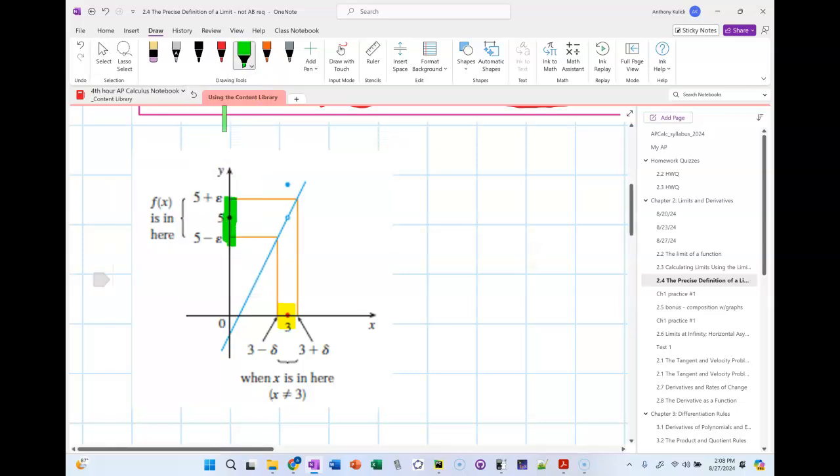This is the interval on the y-axis where f of x is epsilon away from L. What's going to happen as delta goes to 0?